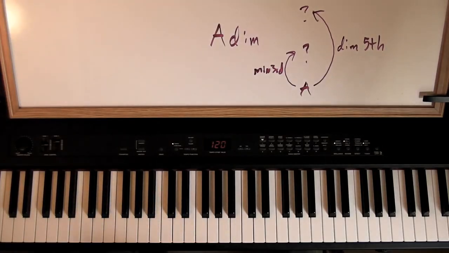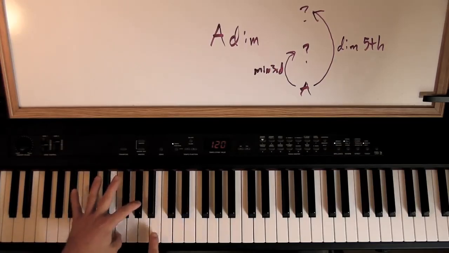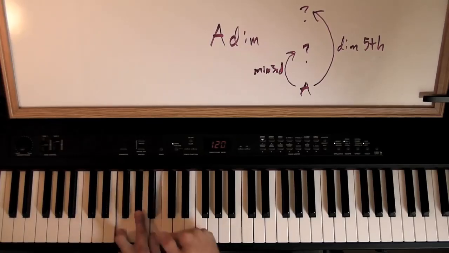Same thing as before, you can start at any root note you want. Let's say you start on an F, up a major third, and then your diminished fifth. Remember, here's your perfect fifth, and there's your diminished fifth right there. Now, one thing that could make these a little easier to find is if you think about how this lines up. There's a minor third between here and there.